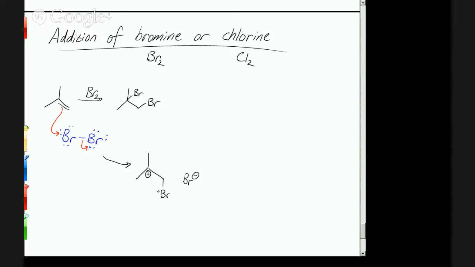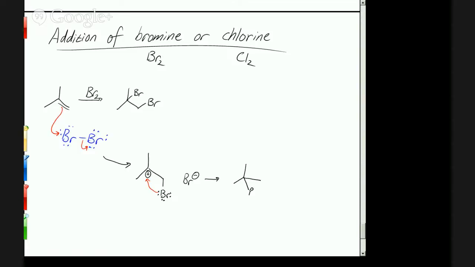Because we've got this bromine with all of these electrons here, before this other bromine, this bromide ion now gets a chance to come attack, this bromine actually comes back down over here and attacks that positive charge itself, because that bromine is going to be a little bit electronegative.